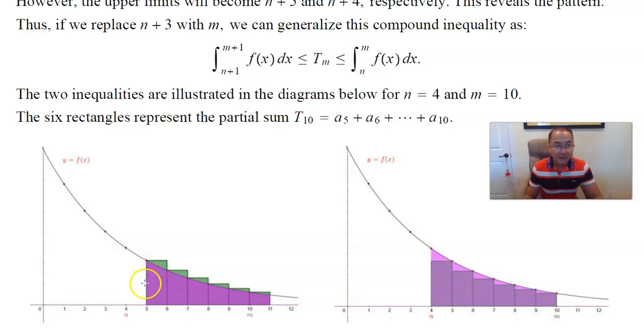The rectangles are a_5, a_6, a_7, 8, 9, 10. Okay, that's a_5 through a_10. So those rectangles are bigger than the integral from 5 all the way up to 11, but smaller than the integral from 4 all the way up to 10. Okay, 5 to 11, 4 to 10.